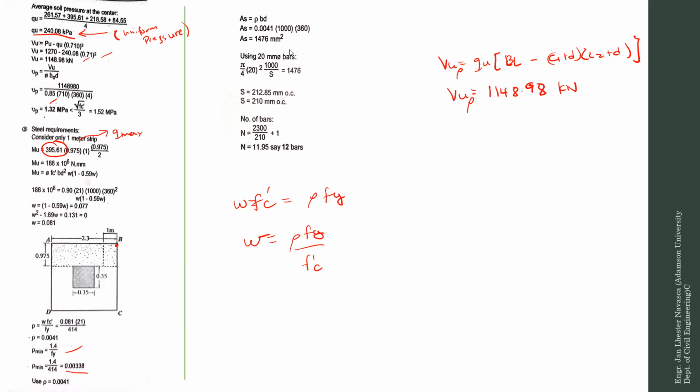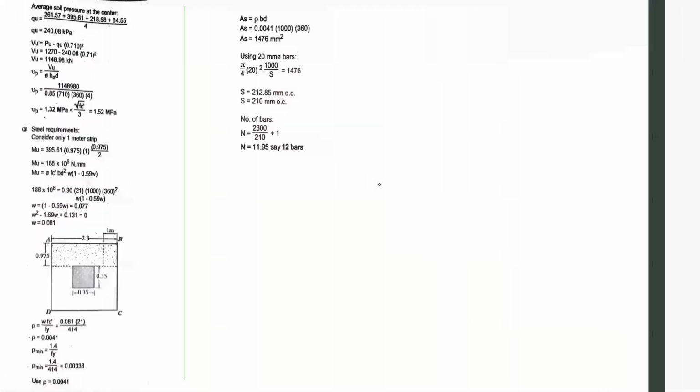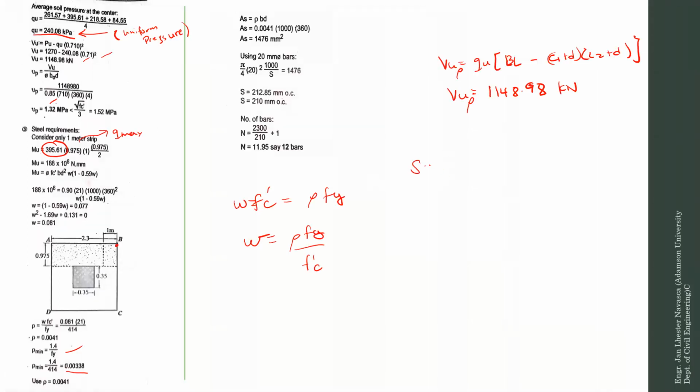You have your AS. Then using 20 mm bars, okay, you will have your so ang ginawa solution dito class is ganito. So yung using the spacing, so ang pwede mong gawin is the spacing. Okay, ang spacing kasi class, the formula for the spacing is equals to AB times 1,000 divided by AS.